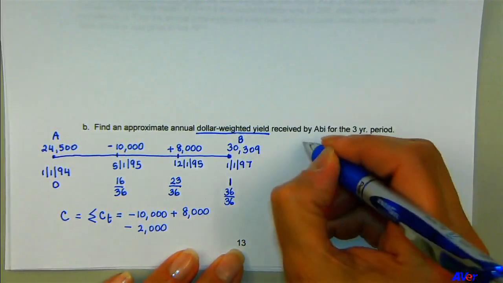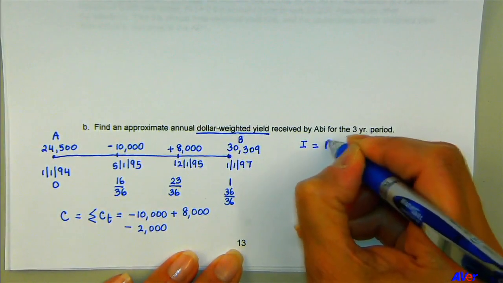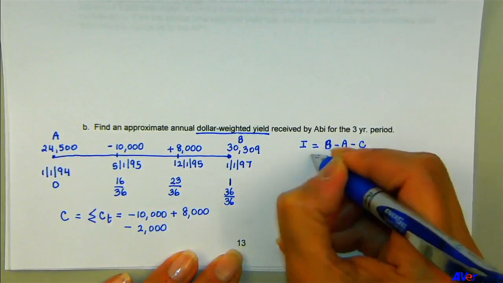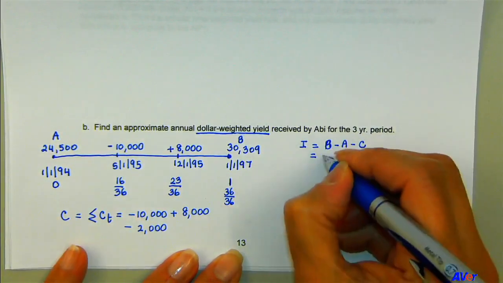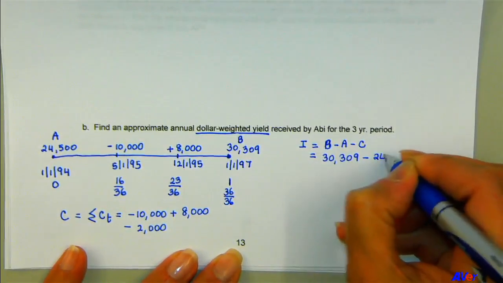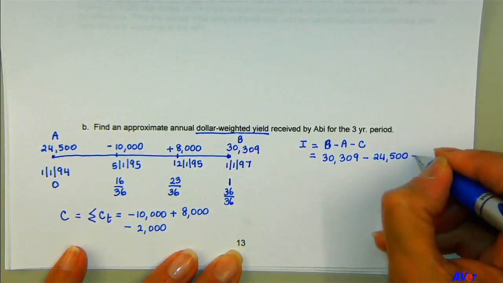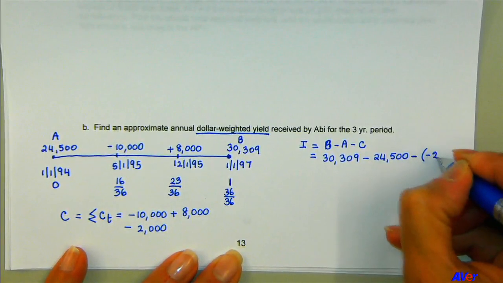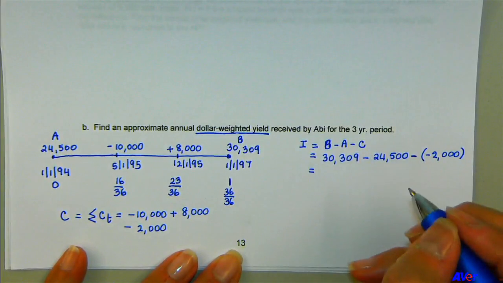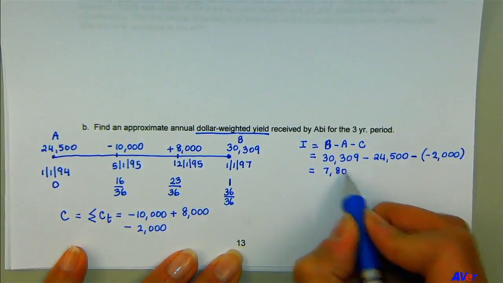Then I say I is equal to B minus A minus C, which is equal to my B, 33,009, minus 24,500, minus negative 2,000. So I turns out to be 7,809.